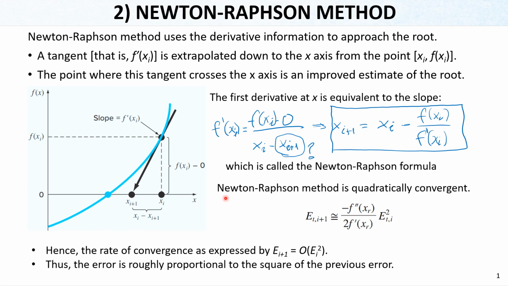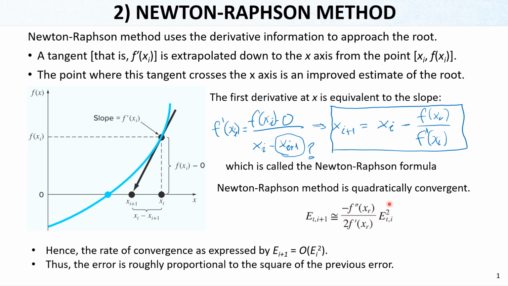So the Newton-Raphson is quadratically convergent. If you consider the Taylor expansion, if we have only the first derivative, then starting from the second derivative, it is the error. So in the error also we can truncate after the second derivative, then we can have an error information based on the second derivative. So that's why it's quadratic.